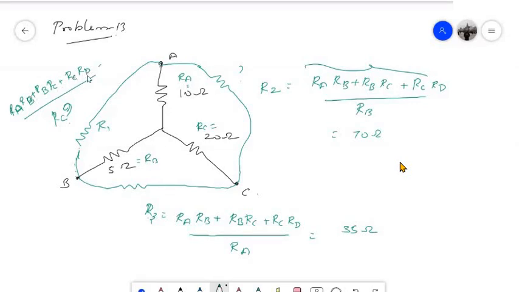RB RC plus RC RA. So this will be around 17.5 ohm.